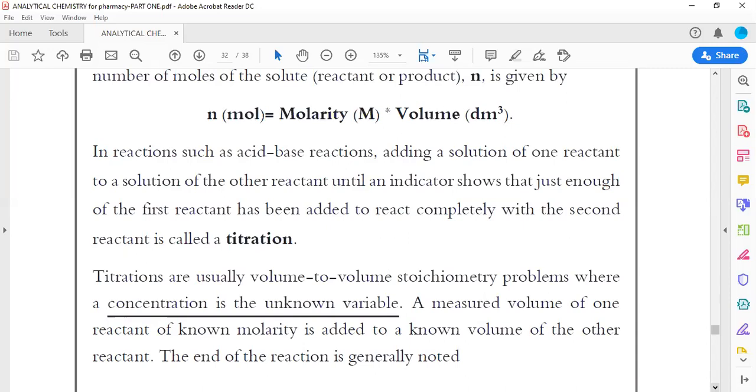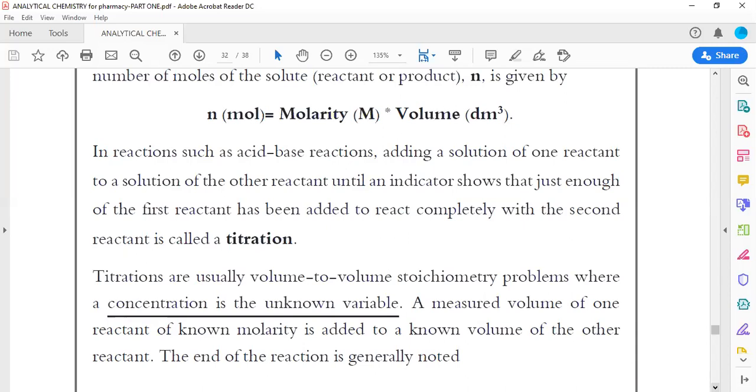Remember this point. Why are we doing titration? We're doing the titration to find out the molarity, the concentration of that solution. We have no idea about the concentration, so we need to find it out. So how can we find out the concentration?